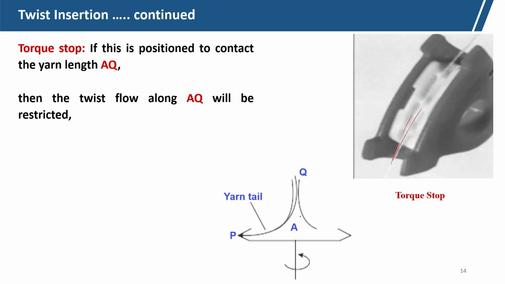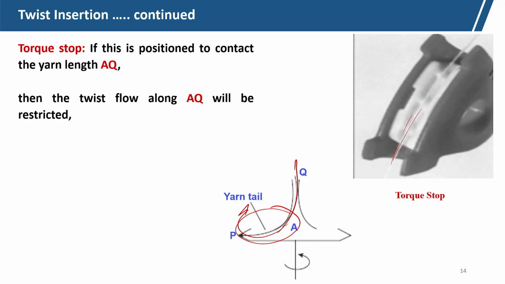The problem is that whatever twist is imparted in the AP zone, most of it gets transmitted to the AQ zone. That is why the twist gets distributed and we are not able to get the peripheral twist extent here.